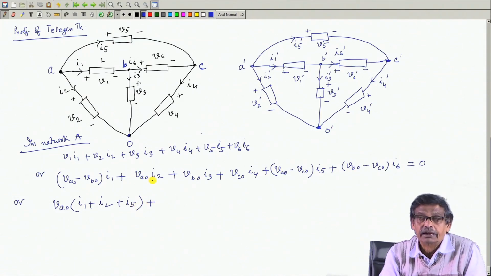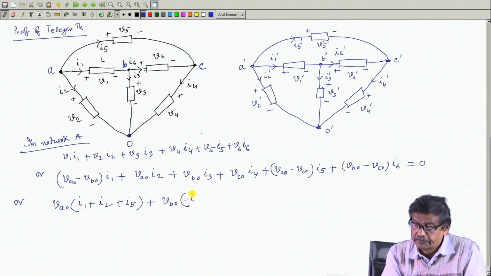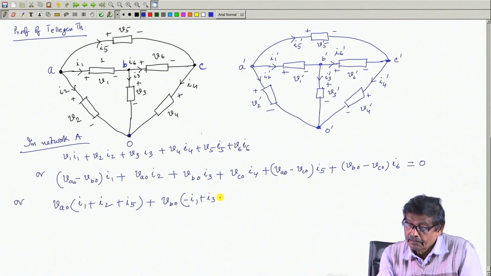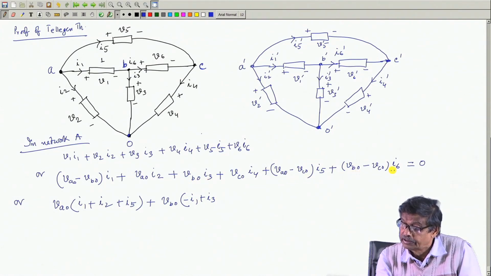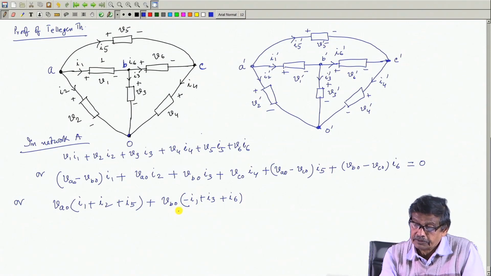V_B0, similarly I will calculate V_B0. V_B0 is minus I1, this will give plus I3, V_B0 is here once again plus I6, this will be the V_B0.